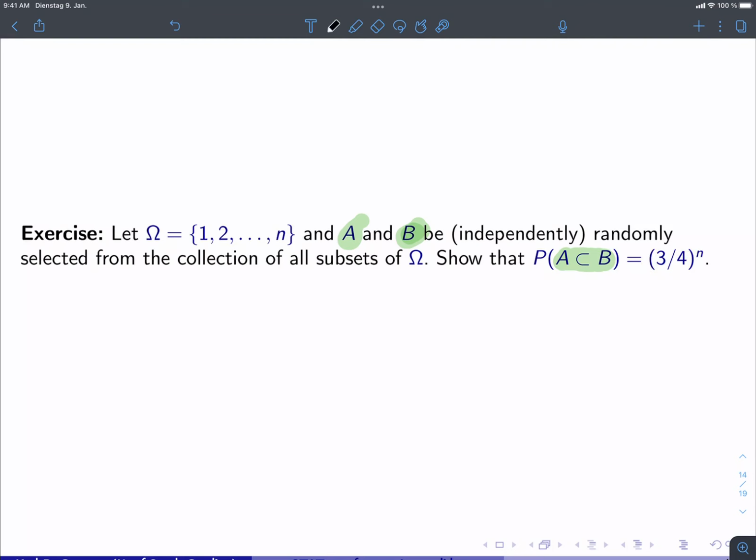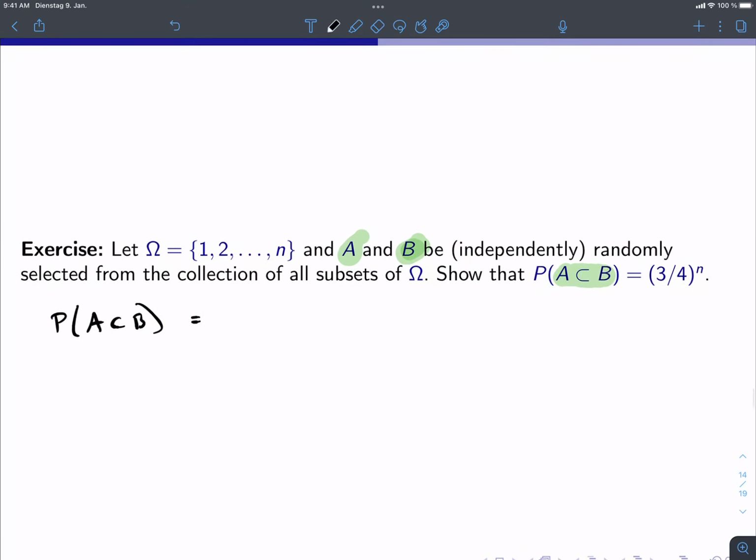Here's how we can show it using a lot of different things that we've learned so far. If I want to compute the probability that A is contained in B, I have no good way to begin other than writing this as a sum of probabilities using the law of total probability. Sometimes for a set, we write its cardinality by putting bars on either side.